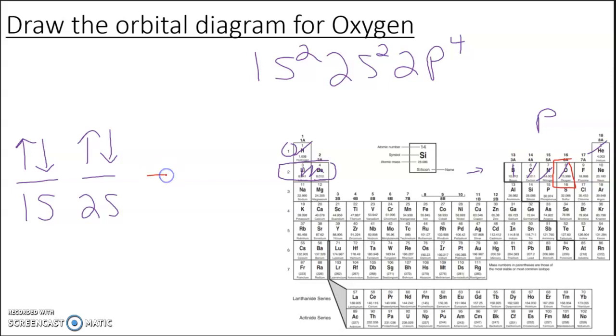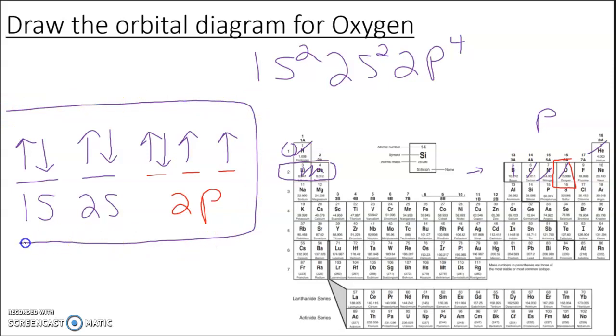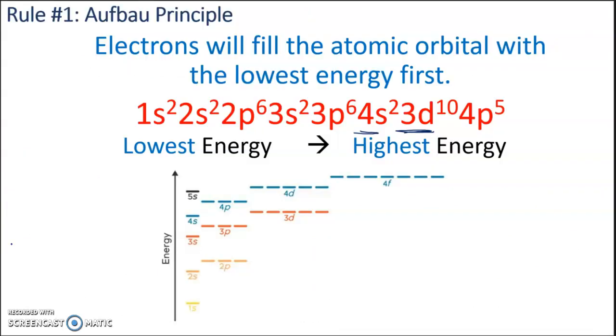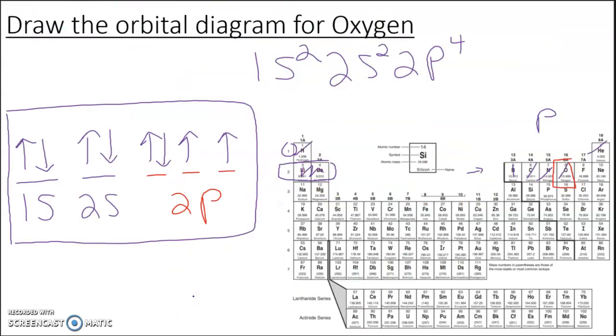I'm going to draw 3 orbitals, 1, 2, 3, and label them 2p. And then for p, we follow Hund's rule, fill up 1, 2, 3, and then the 4th one goes down in the first one. And so that would be the orbital diagram for oxygen. Now you can draw orbital diagrams like this in a line, or you can draw them vertically. Either way is correct. The way I did it is probably easier.